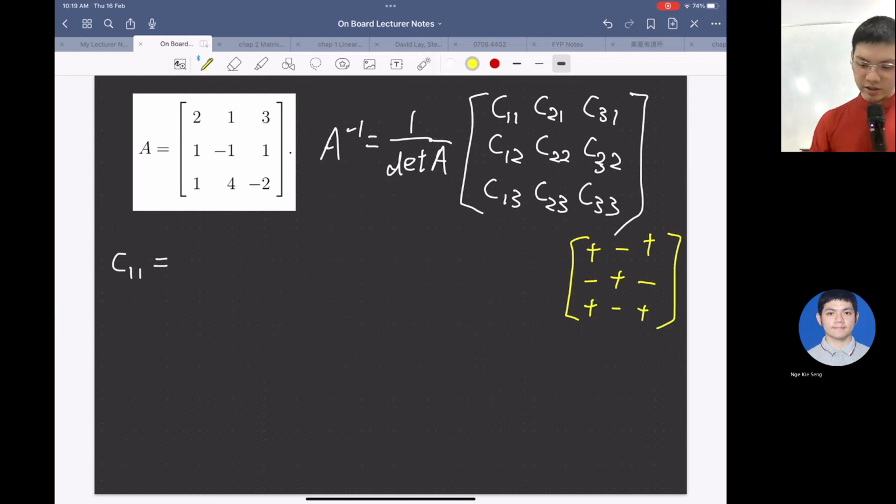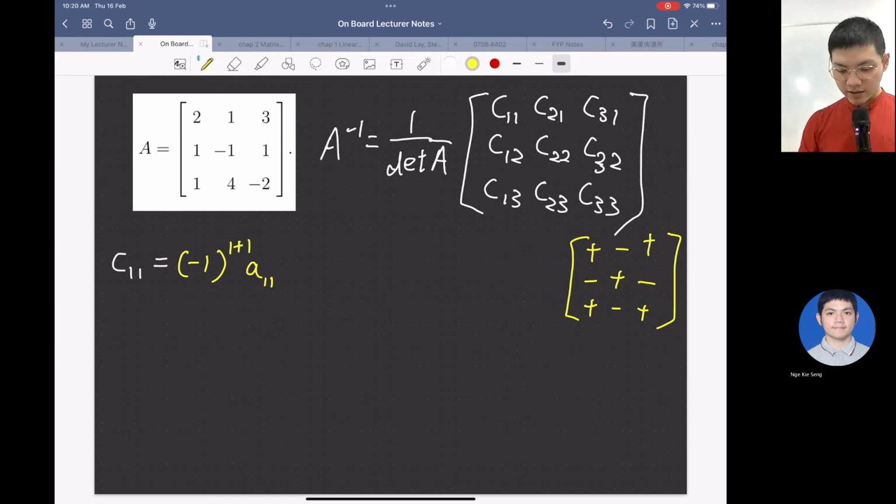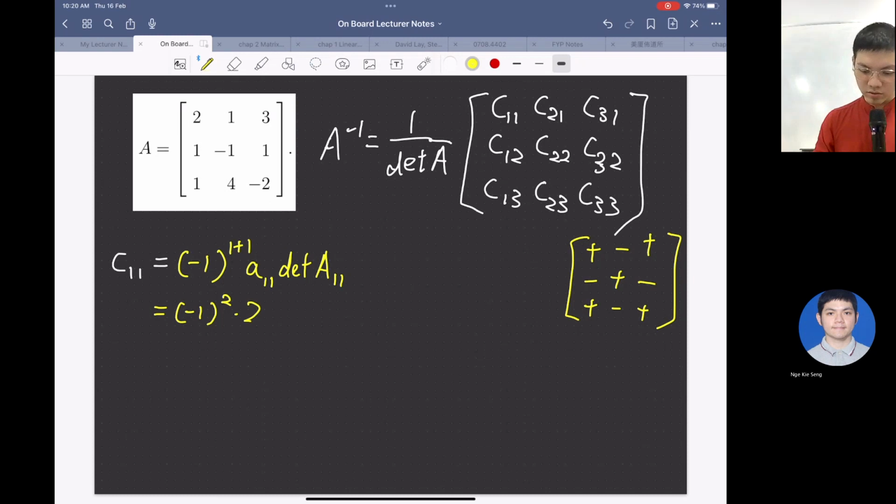This sign corresponds to the power of minus 1, which is the sum of i and j, so in this case 1 plus 1, multiplied with a11 and then the determinant of A after removing the first row and the first column, the minor.